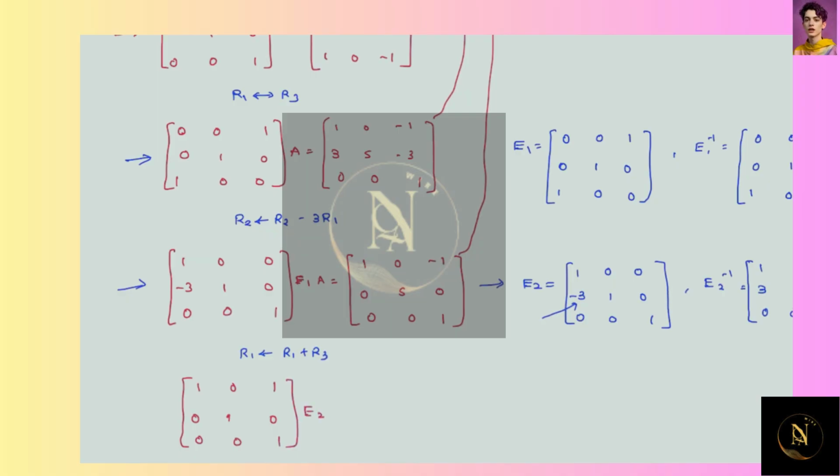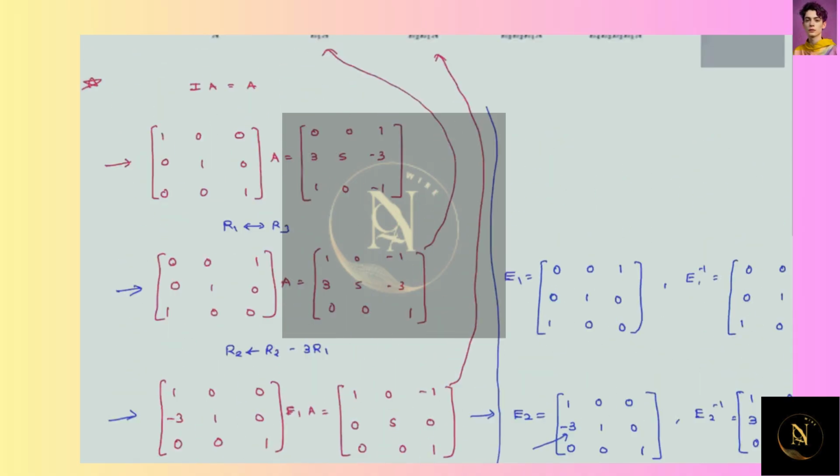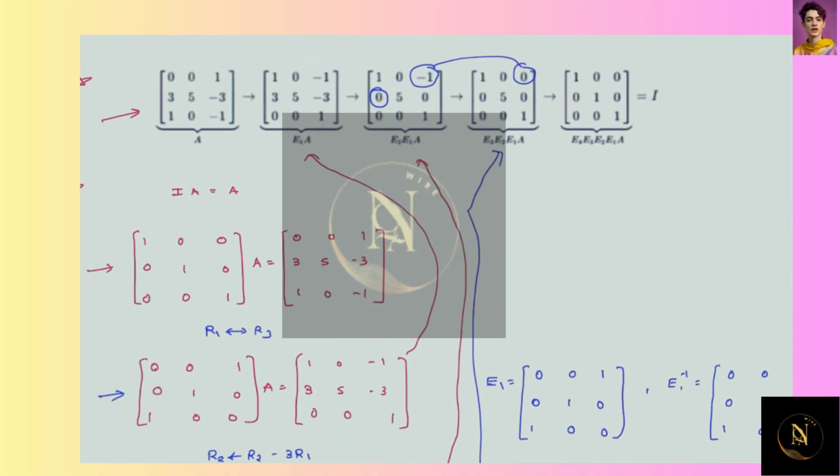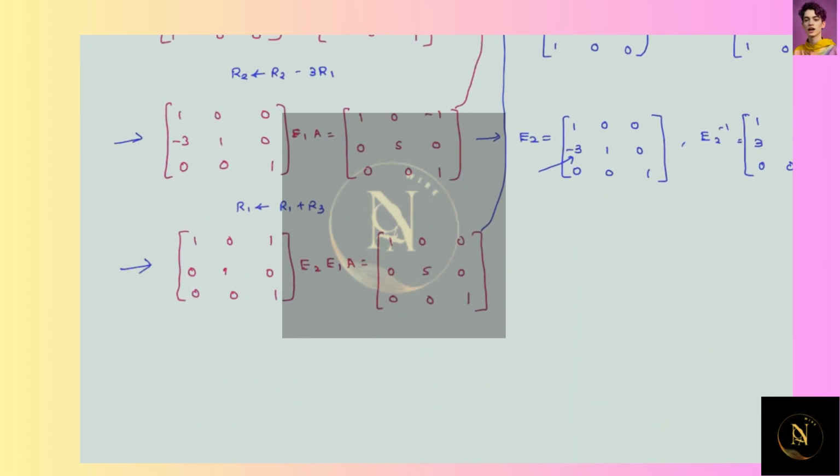And now we need to write here E2 multiplied by E1 multiplied by A. 1 minus 1, that is 0. Second and third row will be as it is, right? So now this is our fourth matrix, right? And on the left hand side we have a third elementary matrix.